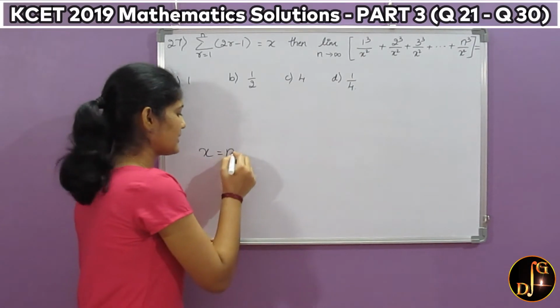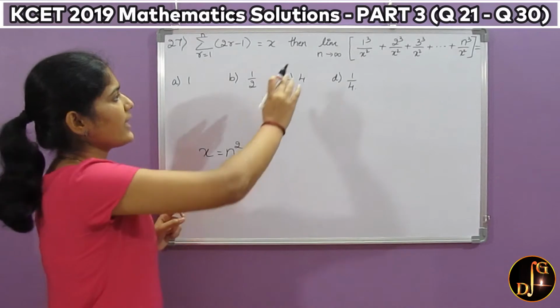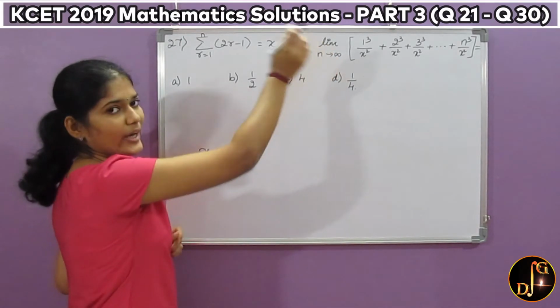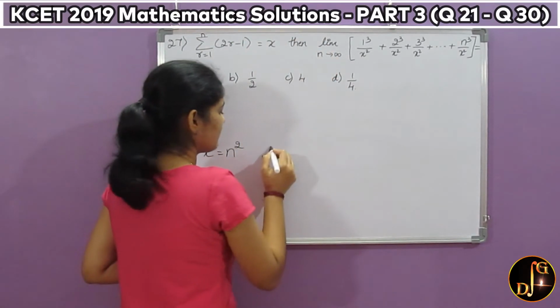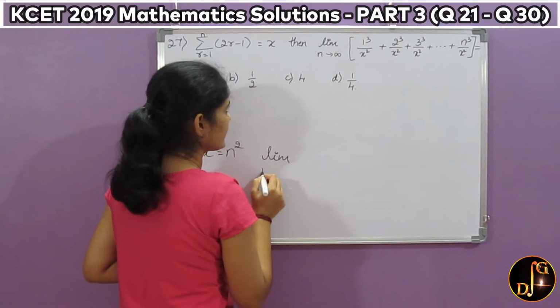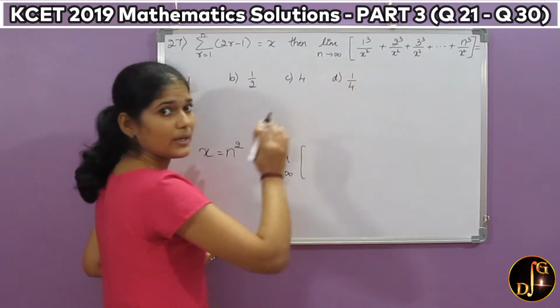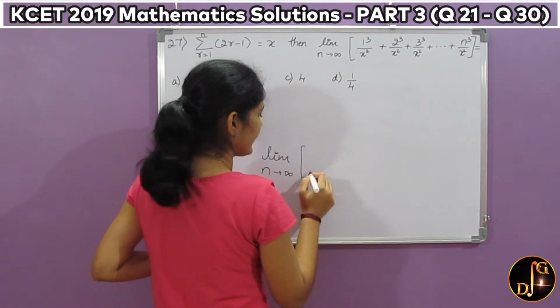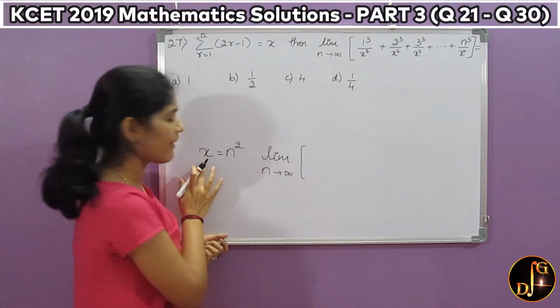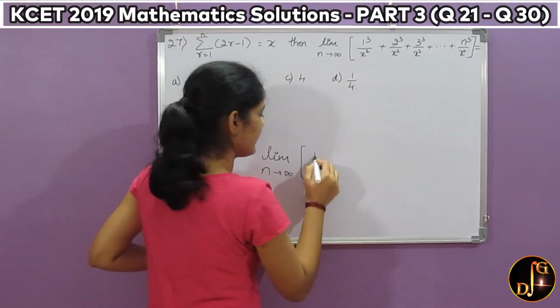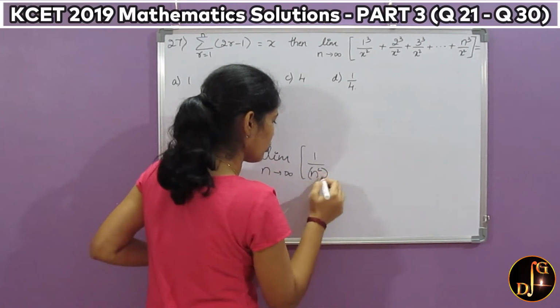It is nothing but simply n square. So let's substitute x is equal to n square in this limit. That means we will get limit n tends to infinity. x square is common in all the terms. So we can take x square common. We have x is equal to n square, so it will be 1 by n square whole square.